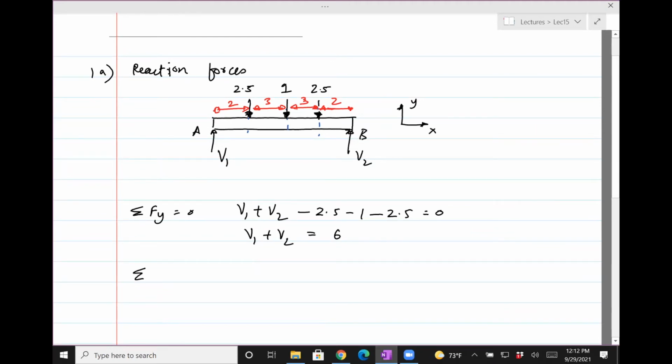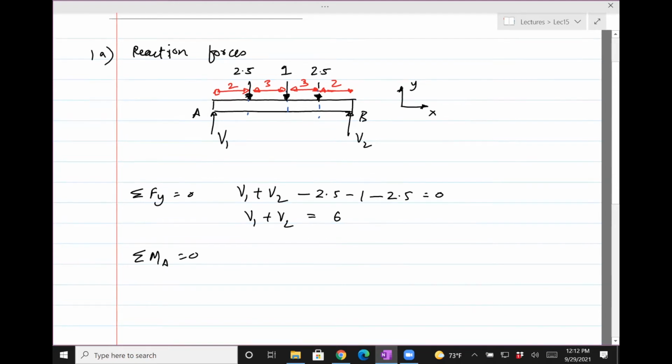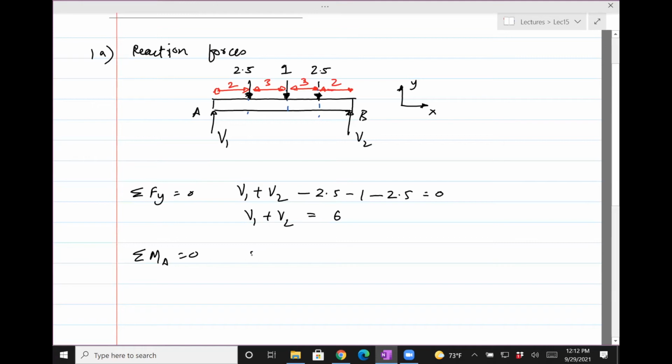Let's take it about, say, A. 2.5 times 2: the force 2.5 will induce a clockwise moment about A, so we put a negative sign. Similarly, 1 times 5 will have a clockwise moment. And then 2.5 times the distance, 3 plus 2, 8, we'll also have a clockwise moment. And then V2 with a distance of 3, 6, and 4, so 10, will induce a counterclockwise moment, so plus.